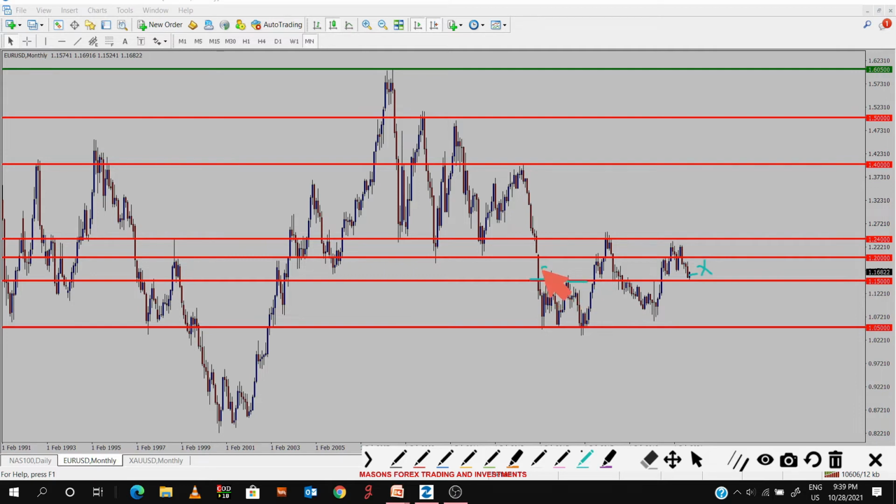We've mentioned before, this is actually a support level. This bar X can actually act as a resistance level. You can project and say price could potentially reach 1.20000.